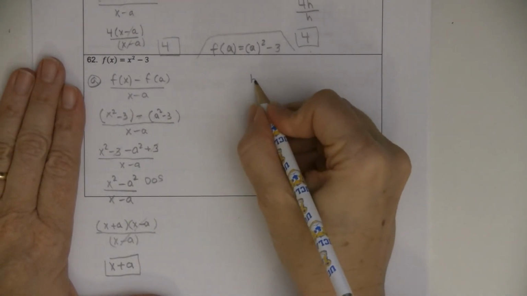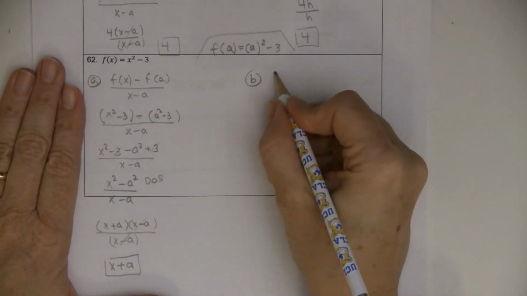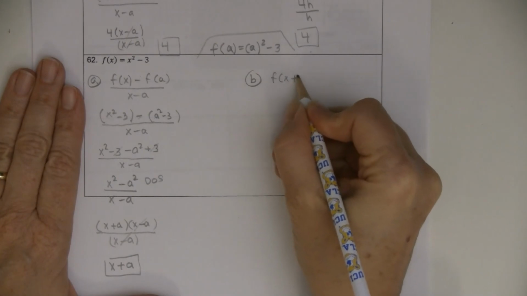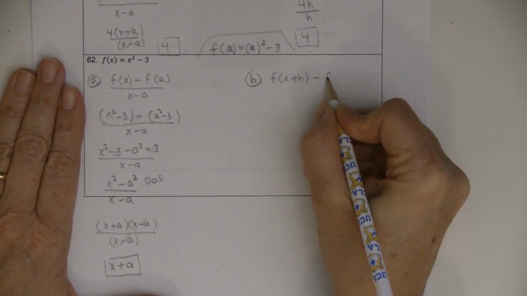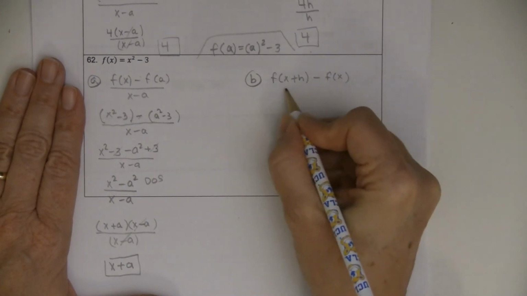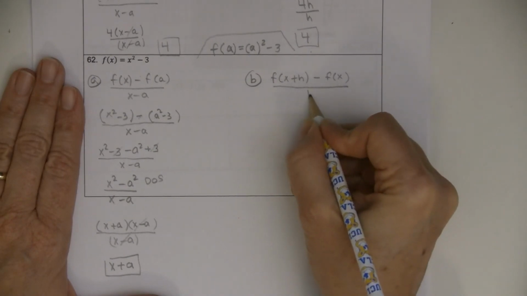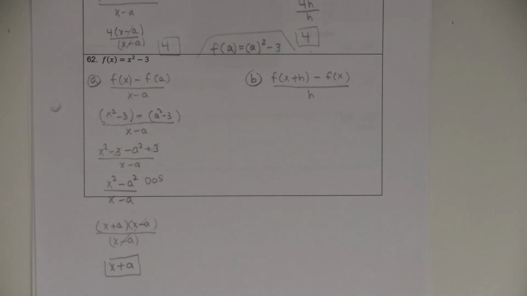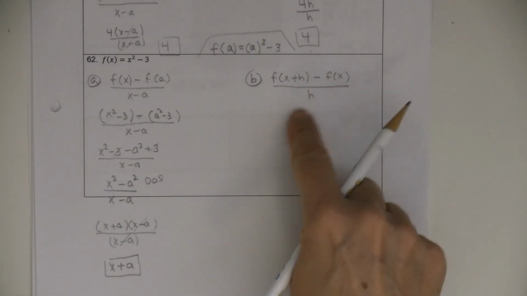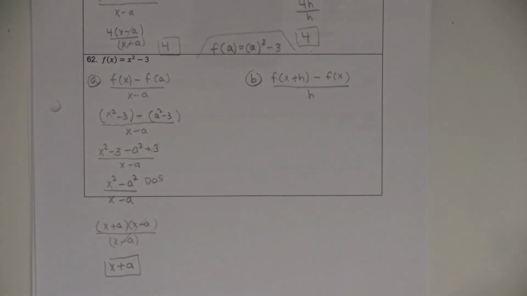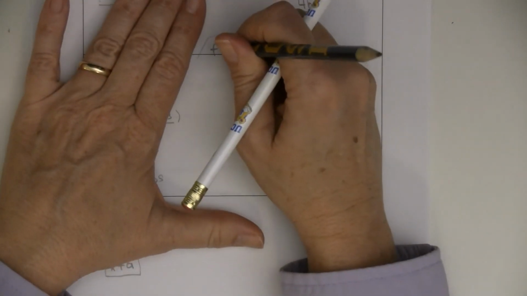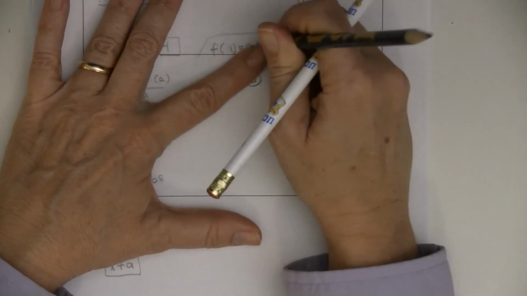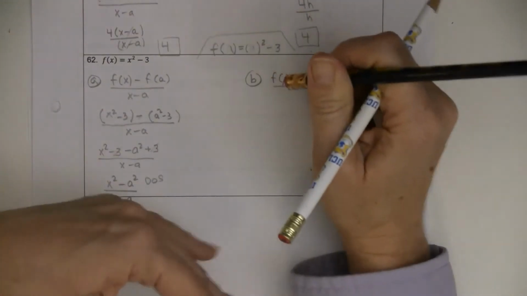So B I'll put over here. B is the other difference quotient. There's 2 of them, and you're going to learn that they're equivalent to one another. And so far they've been looking equivalent to one another, and that might not be the case here because this doesn't even have an a going on. So it's not going to end up with an a. But when you take Math 1, you'll learn that they're both finding the slope.